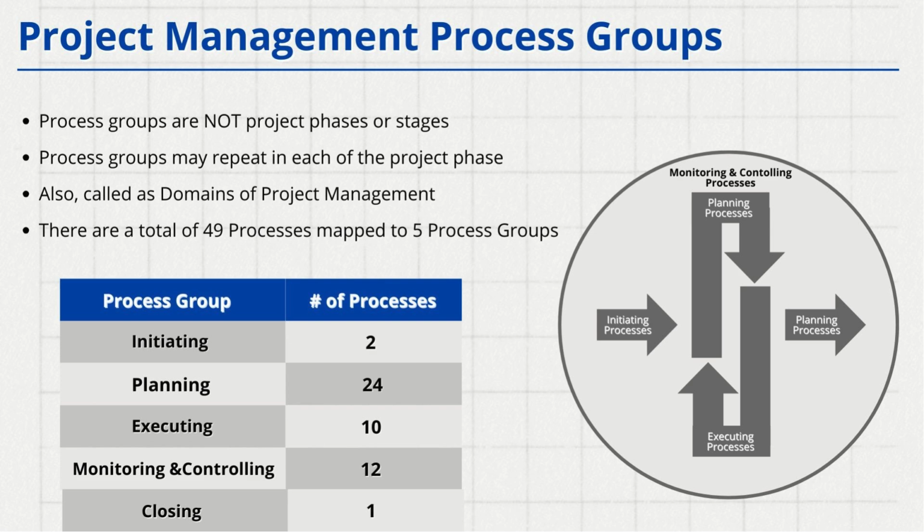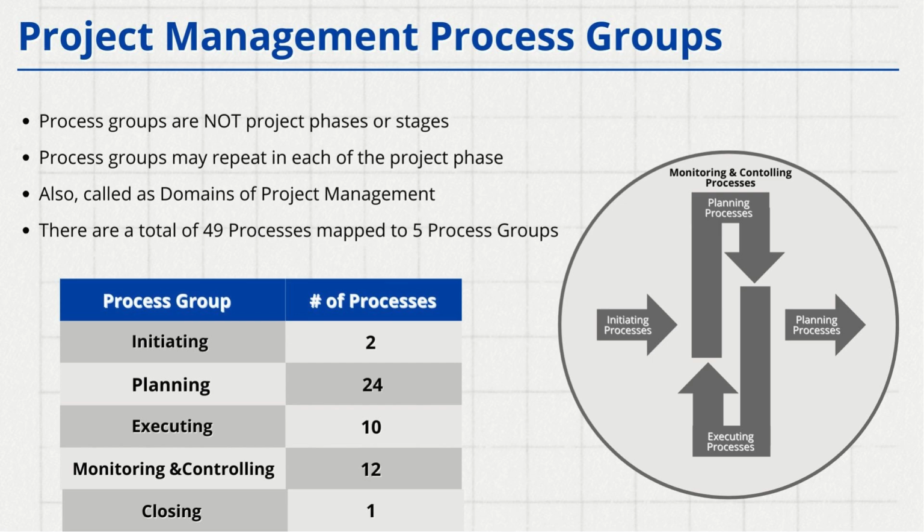Sometimes, it may seem like they are, as we initiate a project, then plan, execute, monitor, control, and finally close it. However, they are actually domains of project management from PMI's or PMBOK's perspective. These process groups are present in every phase of a project. For example, if we take a phase like requirement gathering, we first initiate requirement gathering, then plan how we will collect requirements.